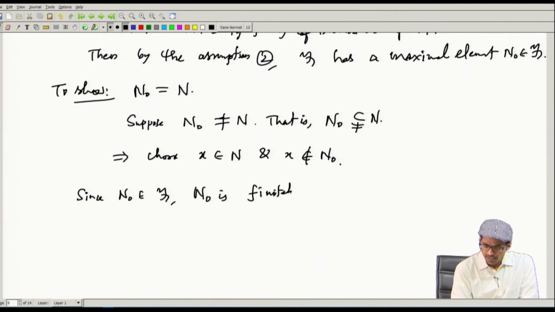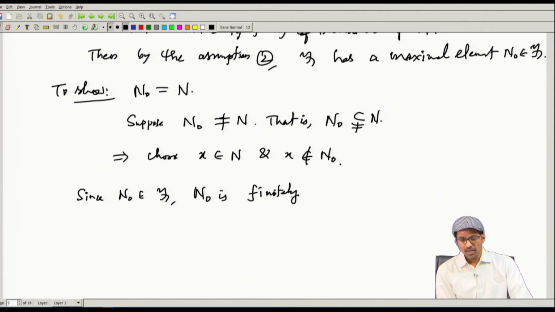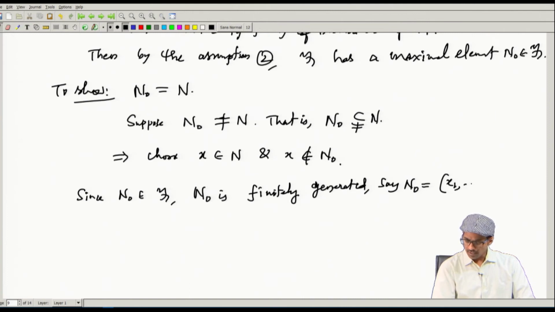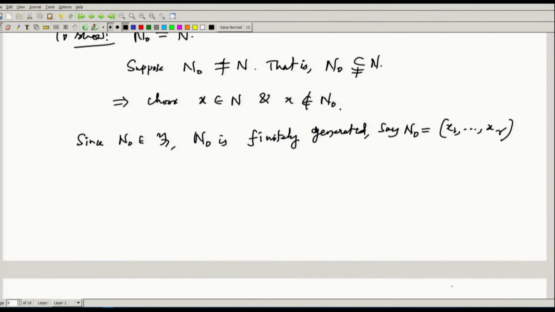First of all, it is an element of the family, therefore N naught is finitely generated. Say N naught is generated by x1, x2 and so on, xr. So, N naught is equal to the span of x1, x2, xr.